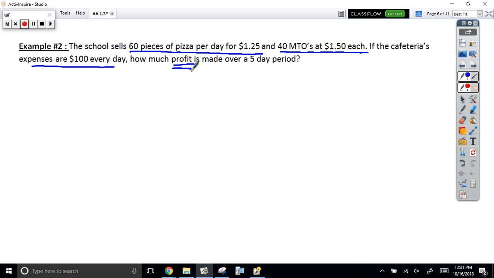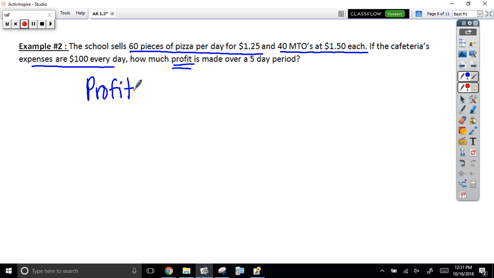So first of all, how do we calculate profit? How do we find the profit that is made? How much money we actually get to keep? So the school's making some money and they have some expenses. What are we going to do with those 2 numbers? Subtract them.